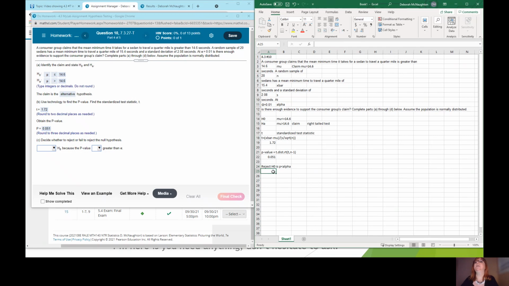Okay, but our P is greater than alpha, so we can check this. We can go equals IF. If, and then we can put in a test, if P is less than alpha. But didn't put in the value.